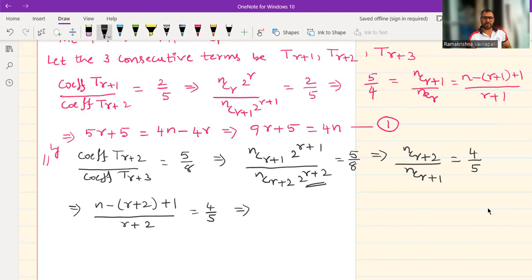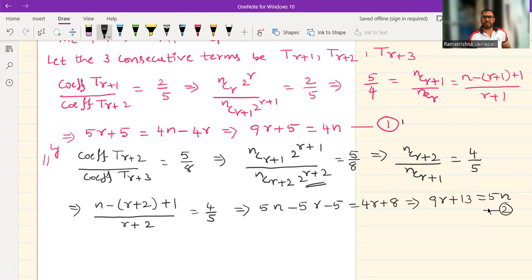Just do the cross multiplication: 5n - 5r - 5 after multiplying by 5 equals 4r + 8. This implies 9r + 13 equals 5n. This is number 2.